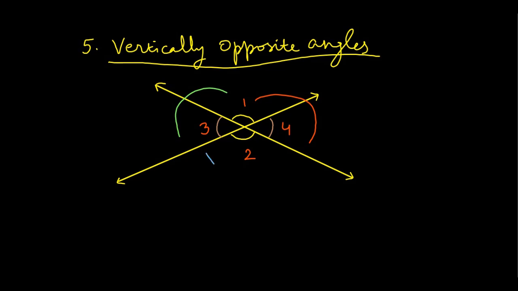Angle 2 and angle 4 are also making a linear pair. Angle 3 and angle 2 are also making a linear pair. So whenever two lines intersect, we will be getting two pairs of vertically opposite angles and four pairs of linear angles. That is, linear pair of angles we will be getting four such pairs.